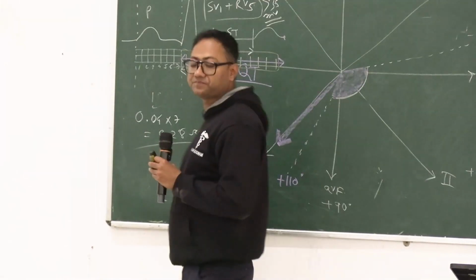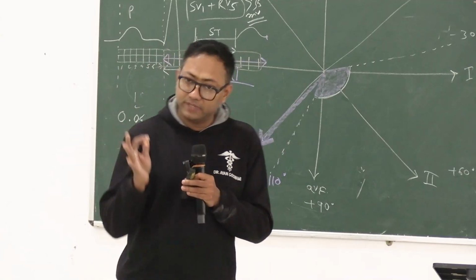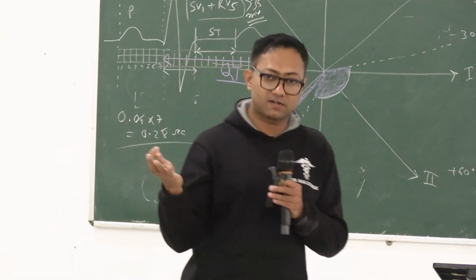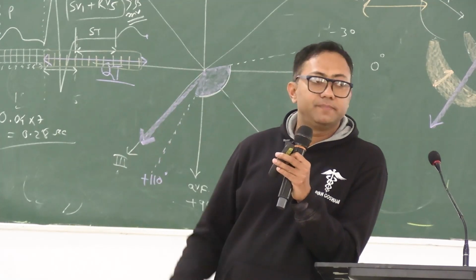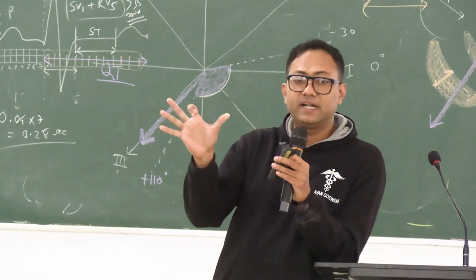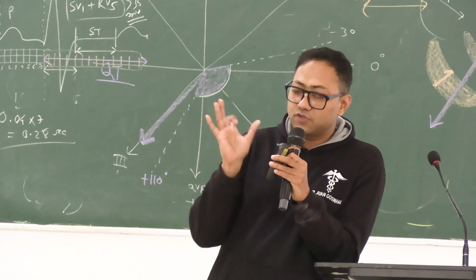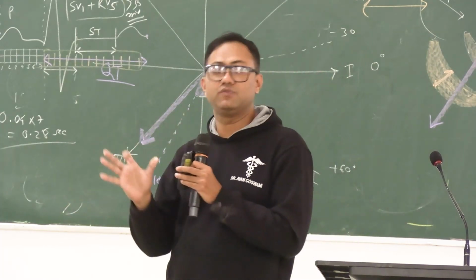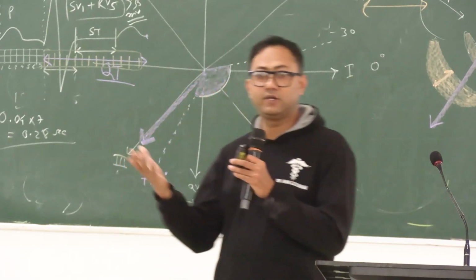One thing: to standardize this, because if you change the heart rate, the number of small squares in the QT interval will change. So instead of the QT interval, we measure QTc, the corrected QT interval.